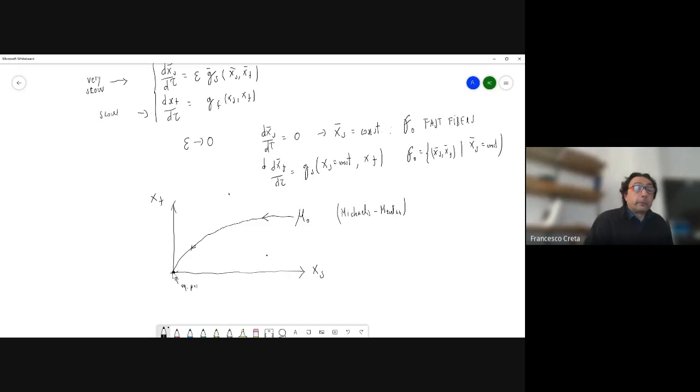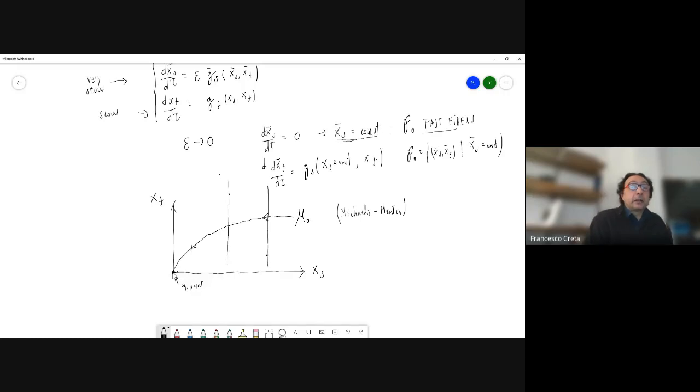So let's write this equilibrium point, okay? Now, what about the fast fibers? Well, these are always of the kind slow species equals to constant. So in fact, you can actually draw them very, very easily. So these are like vertical lines like these, okay?